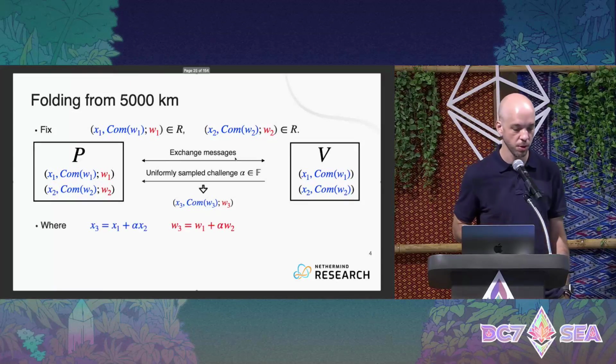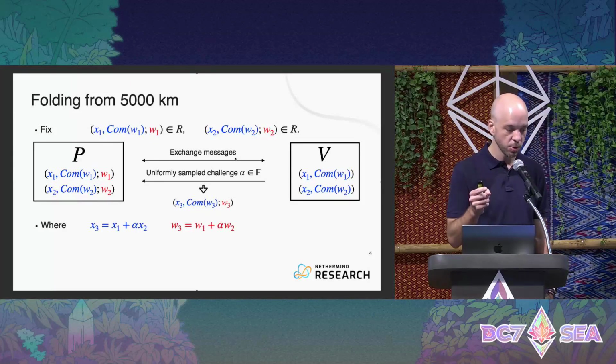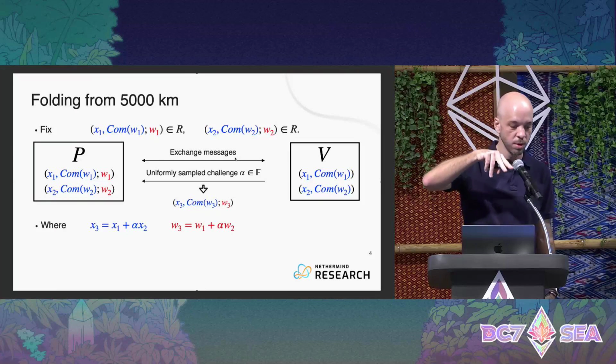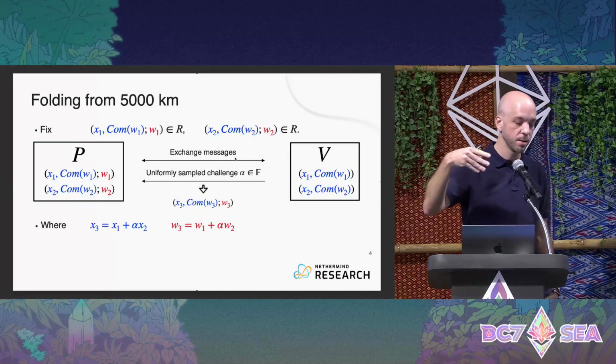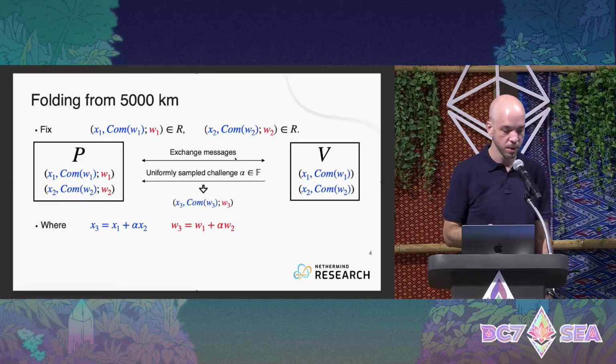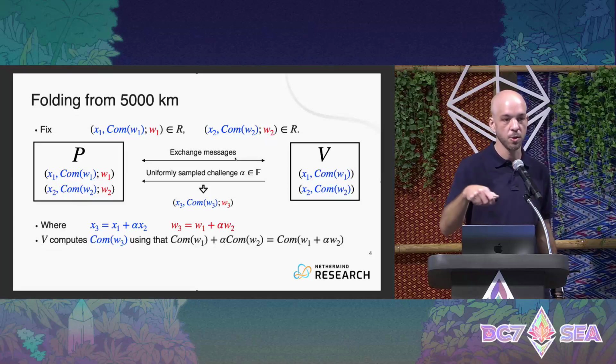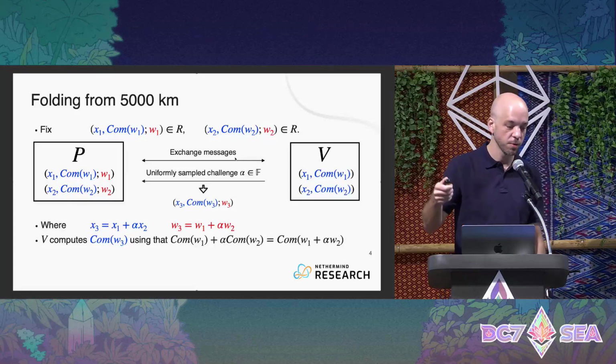The witness is only known to the prover. Crucially, the new instance and the new witness are a linear combination of the initial two using the last challenge sent by the verifier. So we have these formulas in here: x3 equals x1 plus alpha x2, and so on. The verifier needs to get the whole instance at the end of folding.